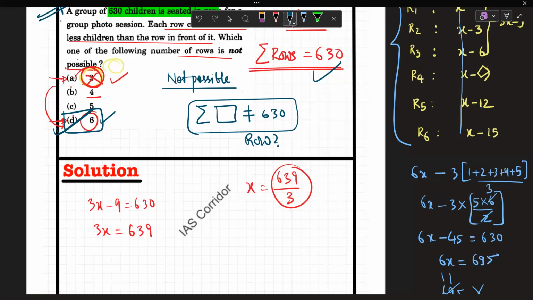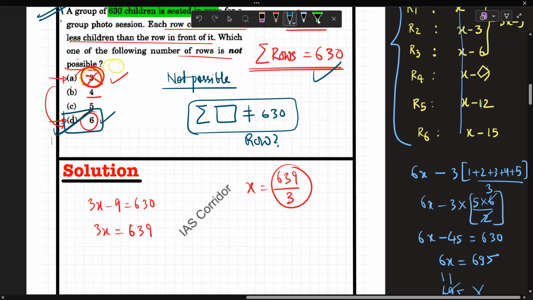That means the sum total of students in the given number of rows shall be equal to the number of students. If it is equal, then the row is possible. If it is not equal, then the row is not possible. How to say that it is equal? Solve the equation. If you get a desired value of x, then the row is possible. If you don't get a desired value of x, then the row is not possible.